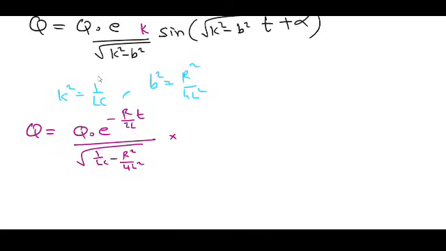Then this will be k. k is nothing but 1 by root LC into sine root of 1 by LC minus r square divided by 4l square, here this root will be here and t is outside, plus alpha.